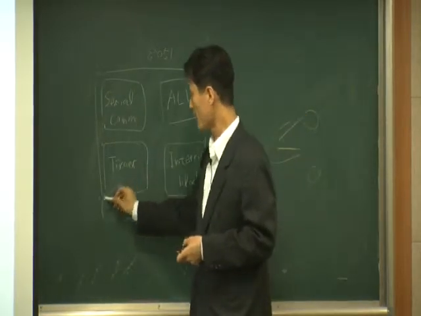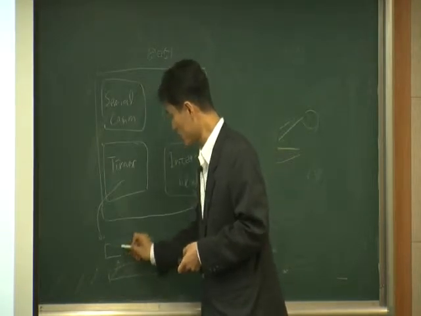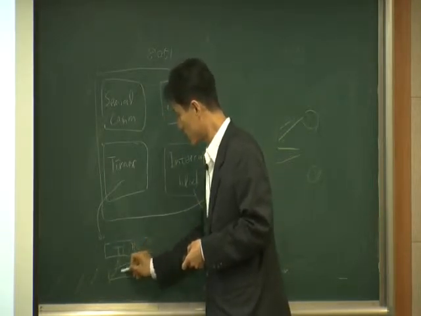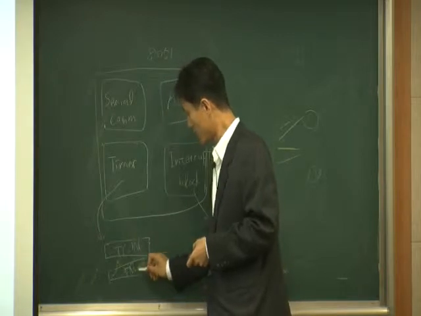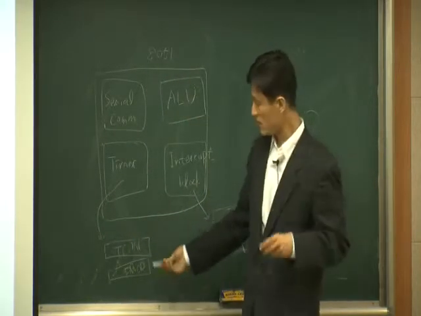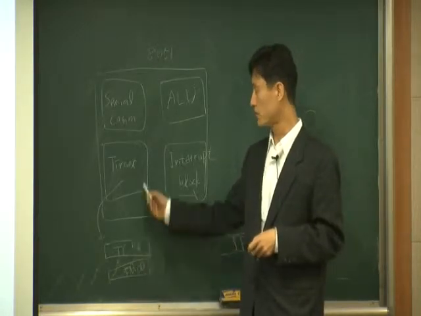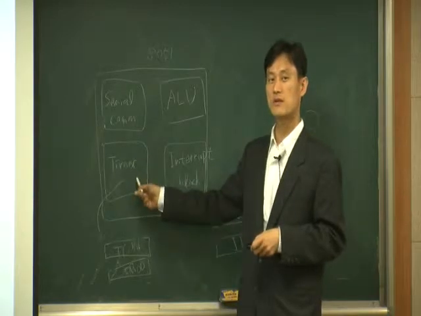And inside this timer hardware, we have other registers called TCON and TMOD, timer control, timer mode. So these two registers, timer control and timer mode, belong to the timer hardware.